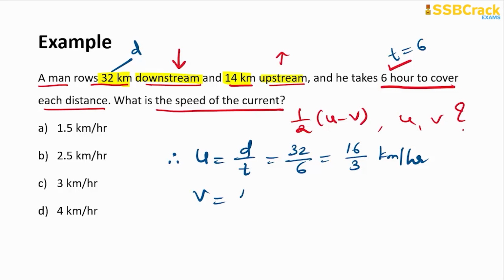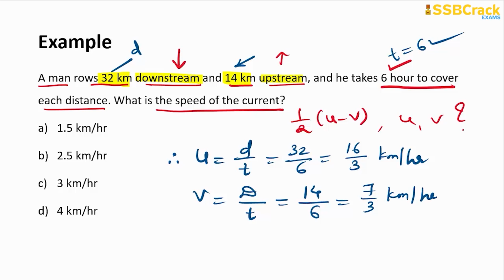And what is v? Let us write capital D here. This is the distance traveled by the man who is rowing upstream. That is the upstream speed, that is v. So for v we have d by the same time t, because time was the same, so I am taking small t. Otherwise you can take capital T if the times are different. So this will become 14 upon 6, which is 7 by 3 kilometers per hour.